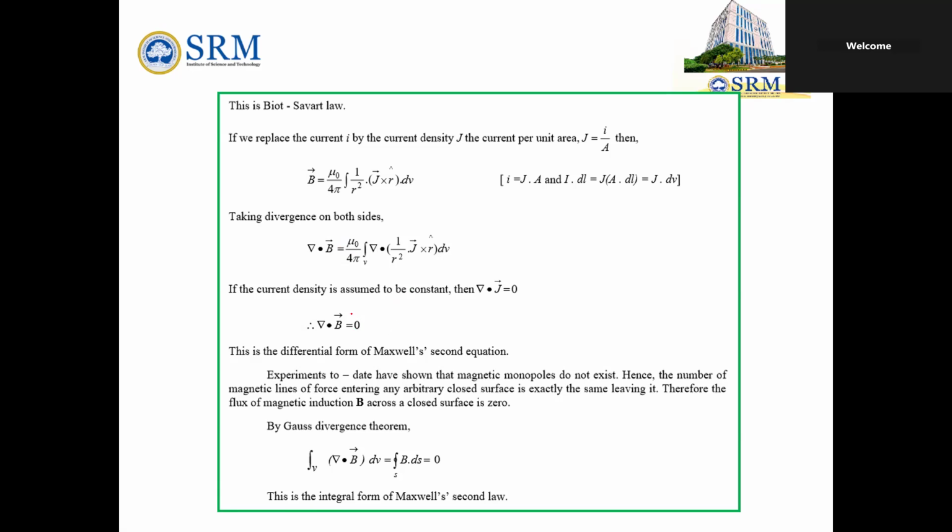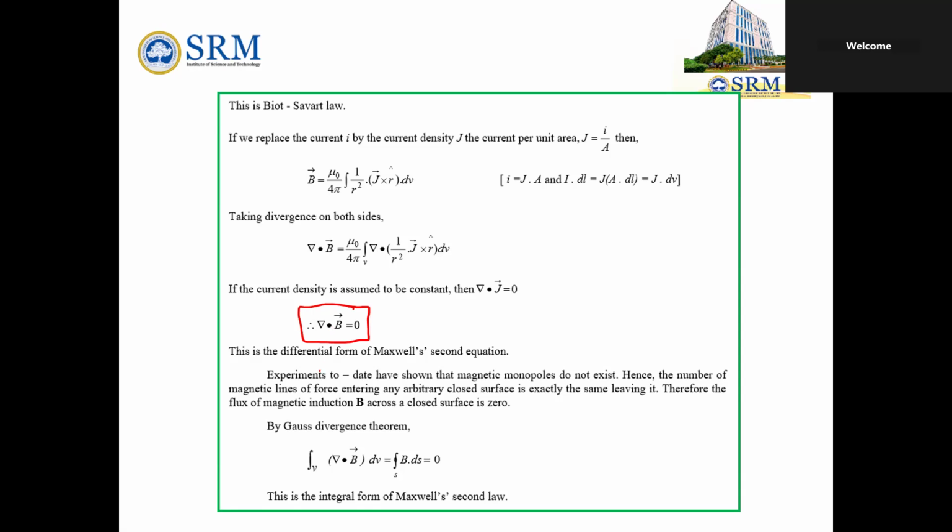There is no current, so no magnetic field. Generally, it is explained that when a current passes through the solenoid, a magnetic field is produced. If there is no current, then how is it possible to produce the magnetic field? Therefore, del dot B equal to 0. This is Maxwell's second equation in differential form.